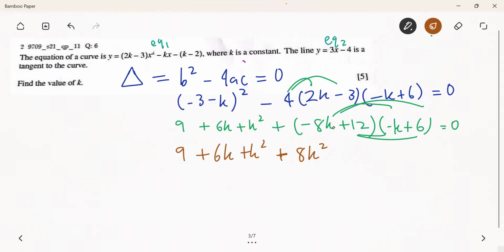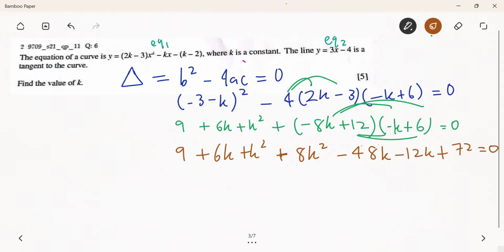Then negative 8k times positive 6 is minus 48k. And then 12 times minus k is minus 12k, and 12 times 6 is positive 72. All of that is equal to 0.